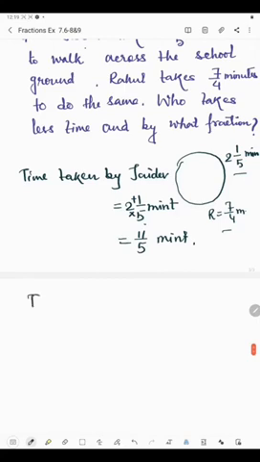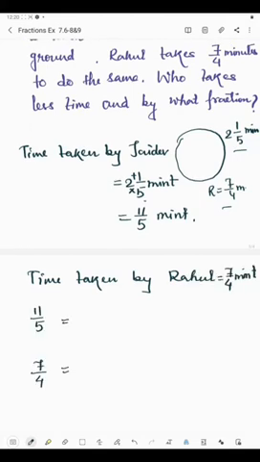And time taken by Rahul is 7/4 minutes. Now we will have to compare 11/5 and 7/4, because until and unless we compare this, we cannot say who takes less time. To find who takes less time, we have to find the smaller number out there.